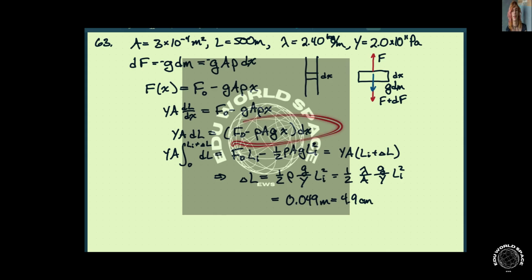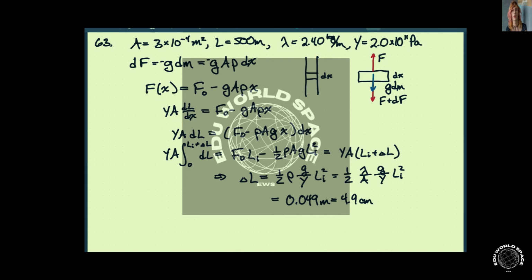And then that equals, we integrate this from 0 to Li, because x basically measures points in the wire. So the x's go from 0 to Li, and the x's get stretched.